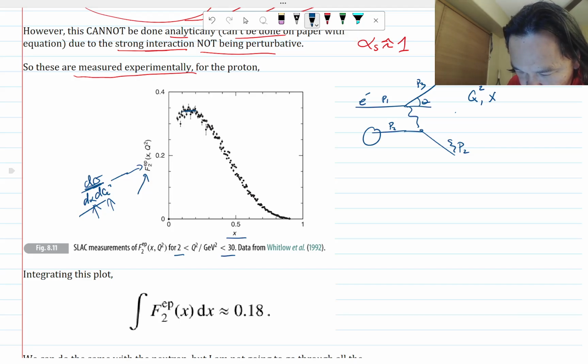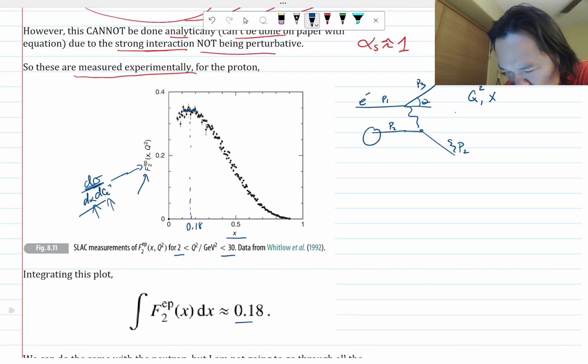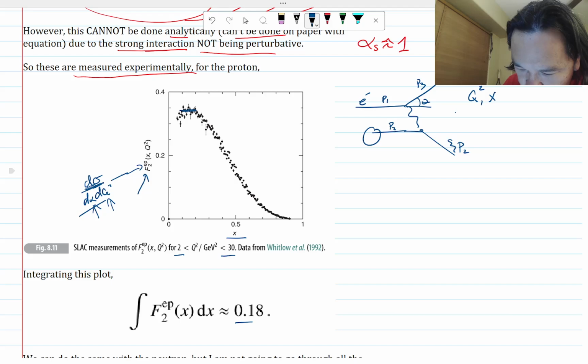So there's some peak here at low x. And this number actually happens to be 0.18. It's not the same as the 0.18 down here, but what happened is that as you increase in x, so at low x, let's not even quantify this, you have a higher cross-section.